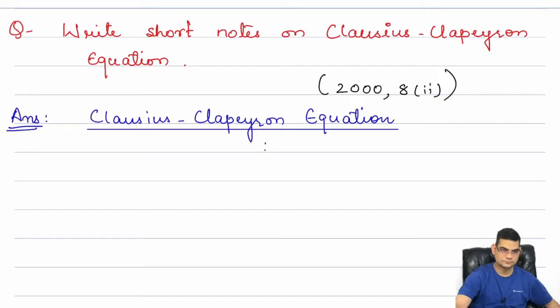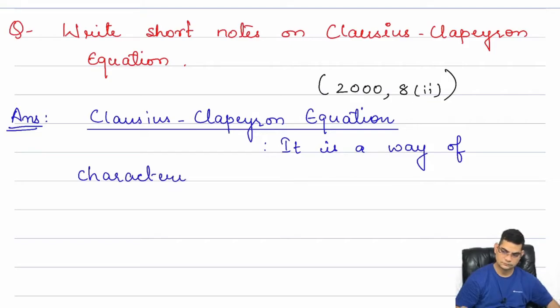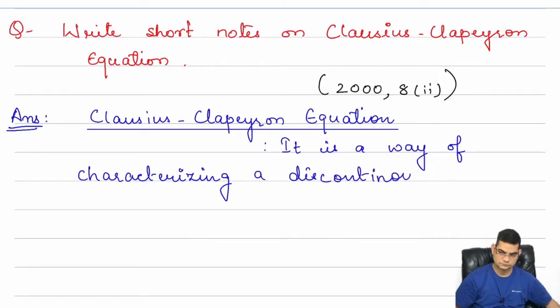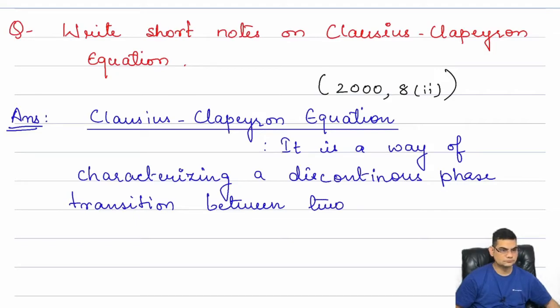It is a way of characterizing a discontinuous phase transition between two phases of matter of a single constituent.